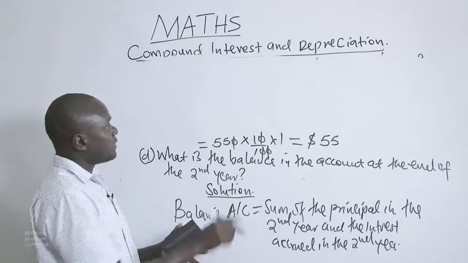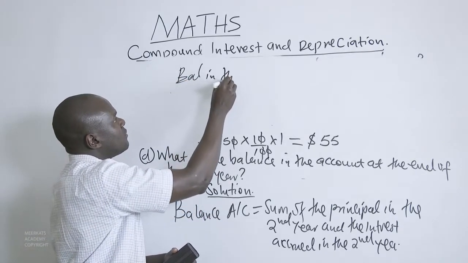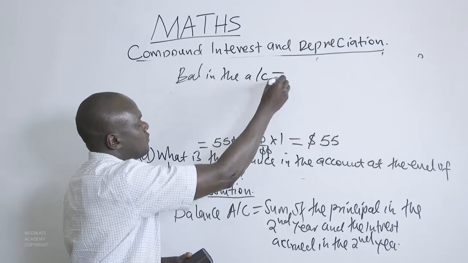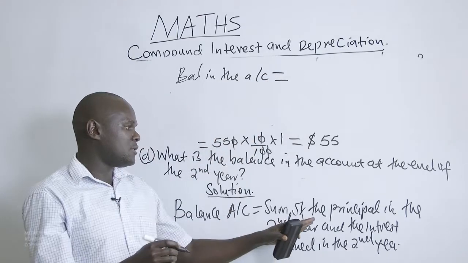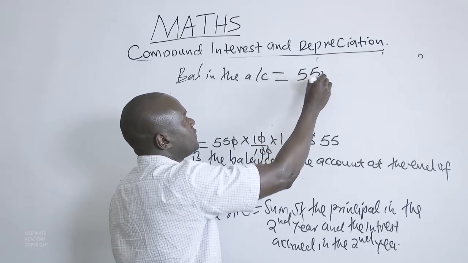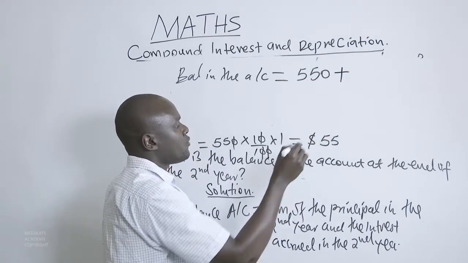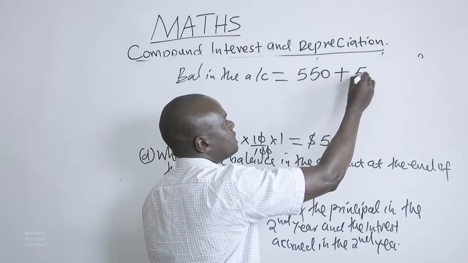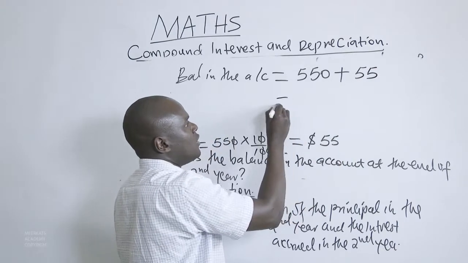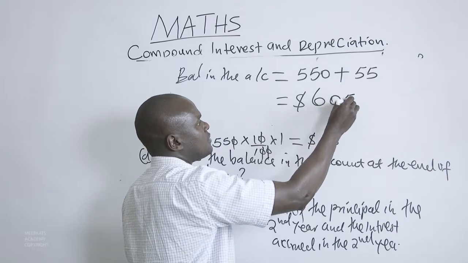If we go ahead and calculate them, remember the principal in the second year was $550, plus the interest accrued in the second year, which is $55. When we add this, we get $605.